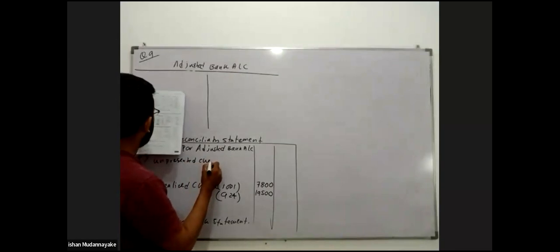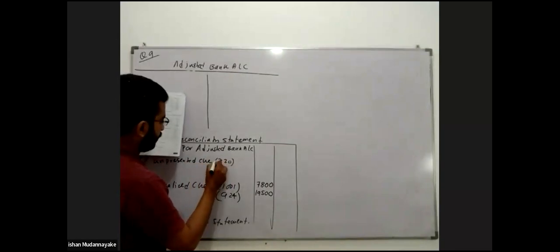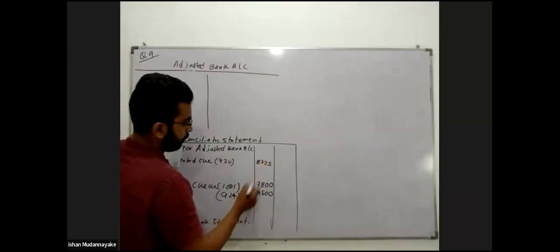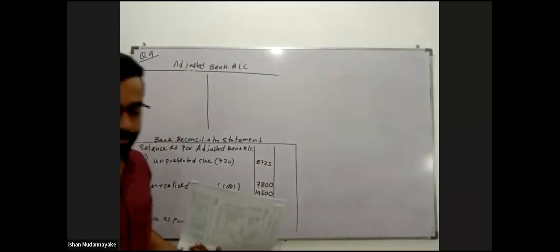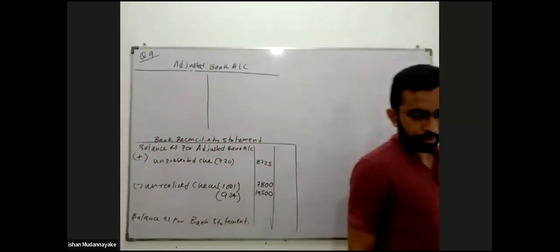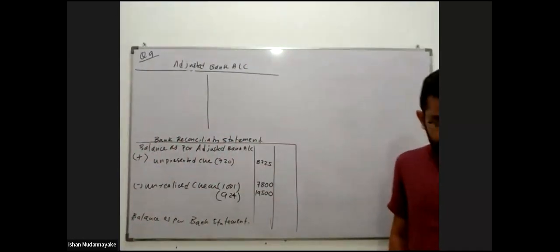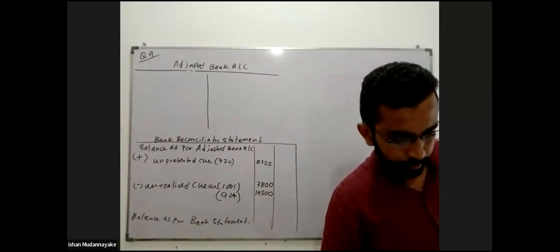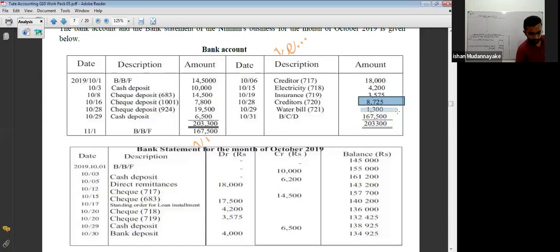8,725 unpresented check plus. And then our next one, in the bank account, you have issued a 1,300 check.